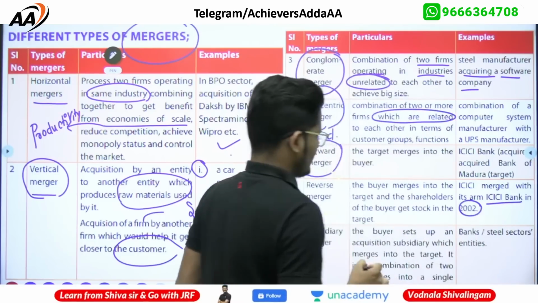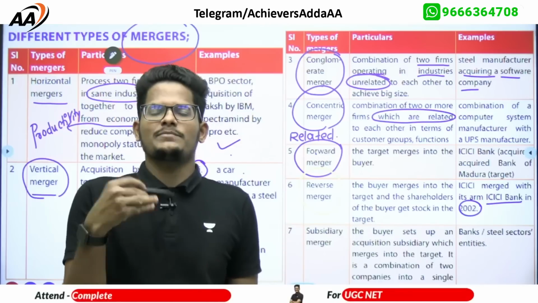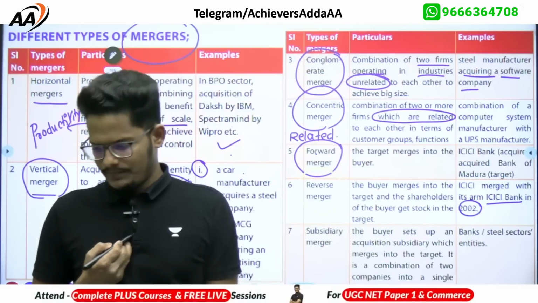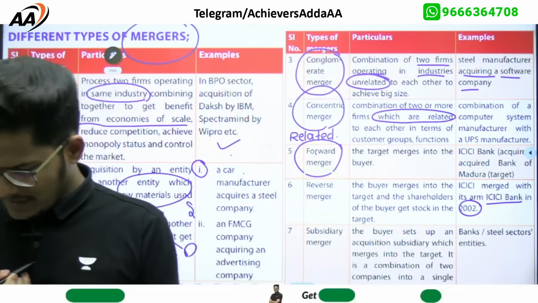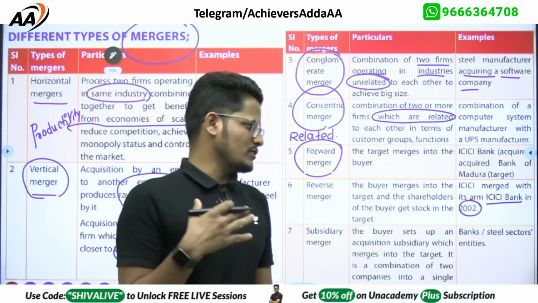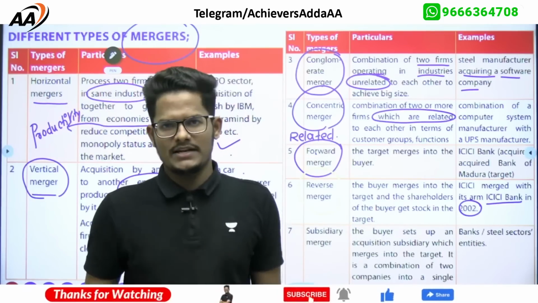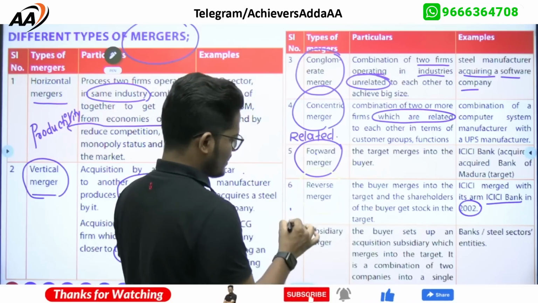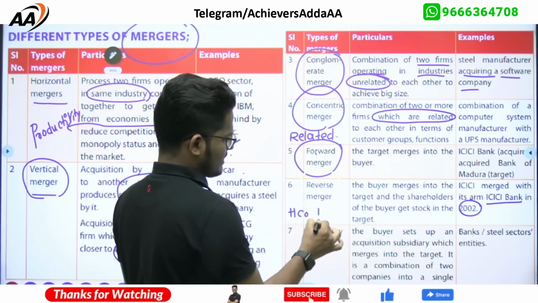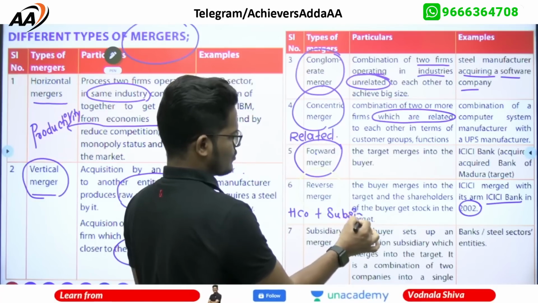It is like one public entity getting merged with a private entity. Or else I would say one holding company merging with a subsidiary company. That's what a reverse merger, ulta.